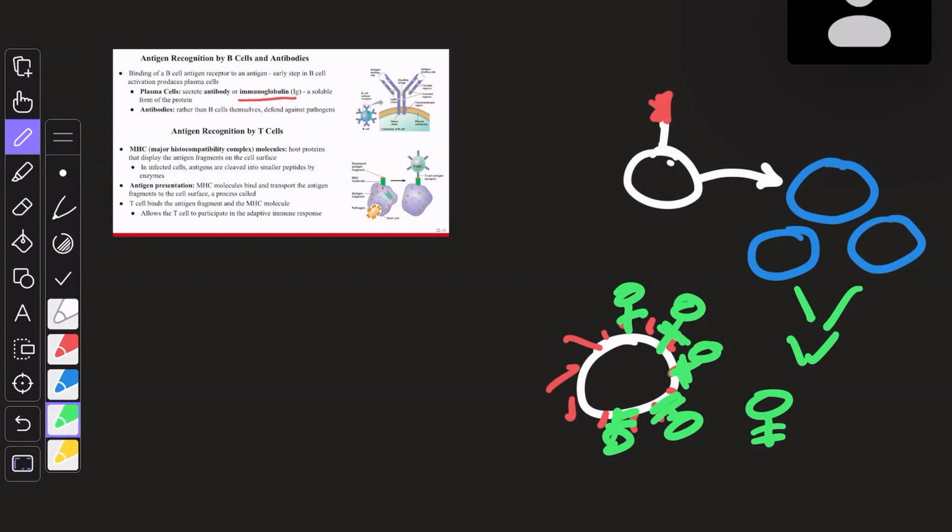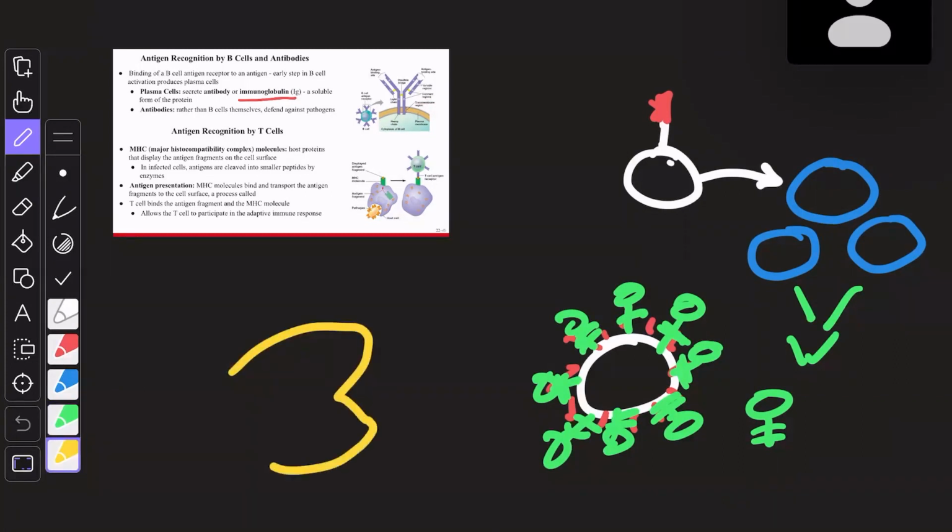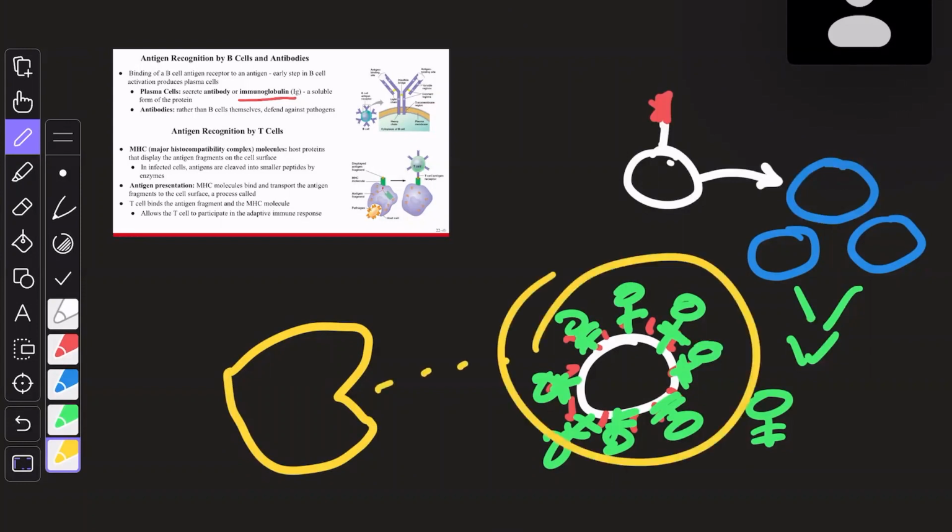So you're primarily looking at bacterial defense here, right? So once these antibodies have surrounded my little pathogen, then my macrophage is going to come along and eat him, break him down.